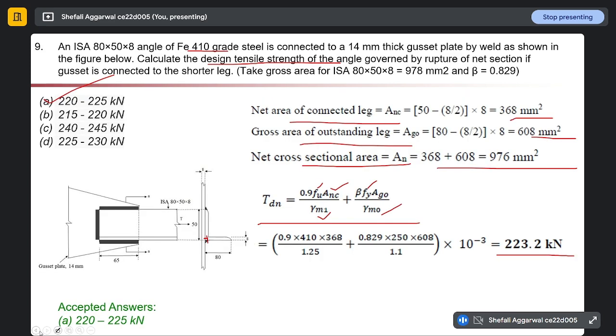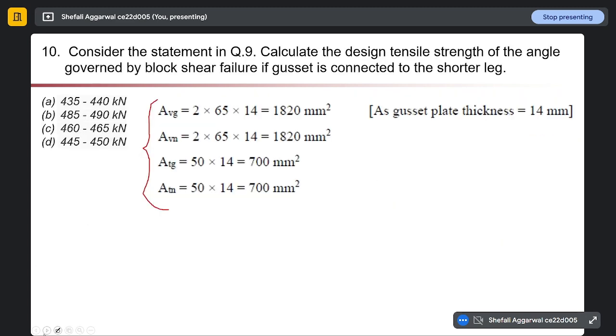First, if we see this, this is 65, the welded length. So 65 into gusset plate thickness 40.